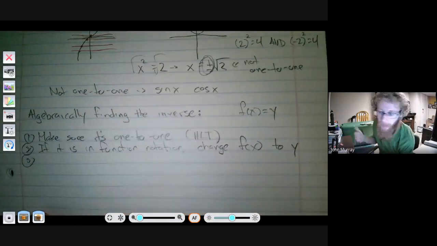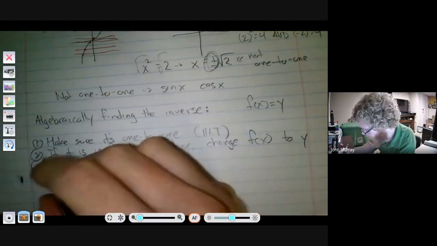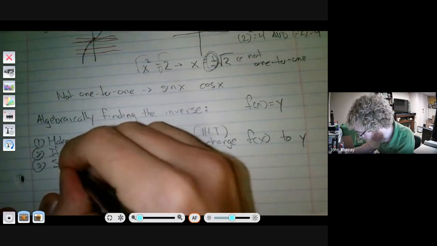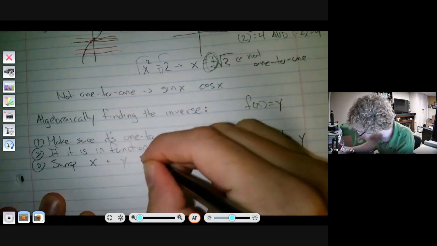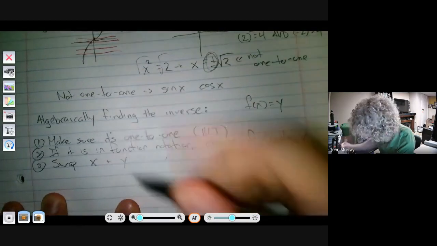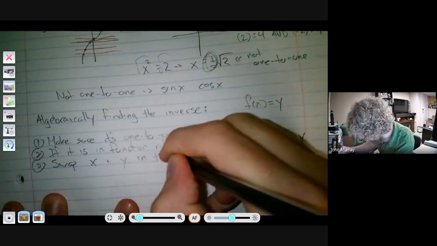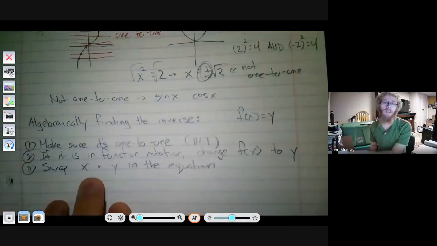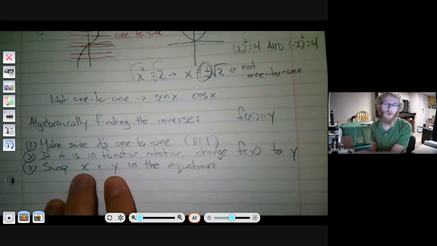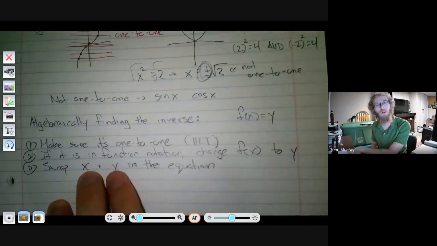So this is where we actually start doing stuff. The next thing we're going to do is anywhere we see an x, we're going to replace it with a y.